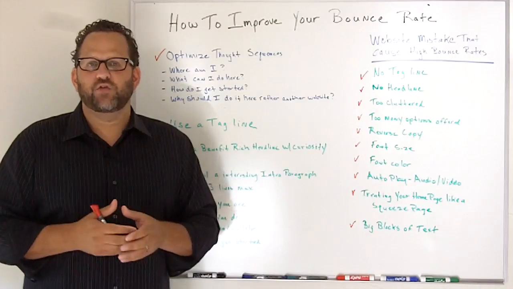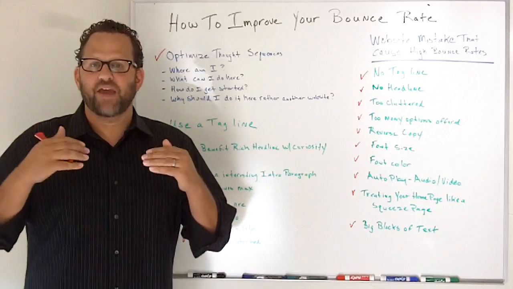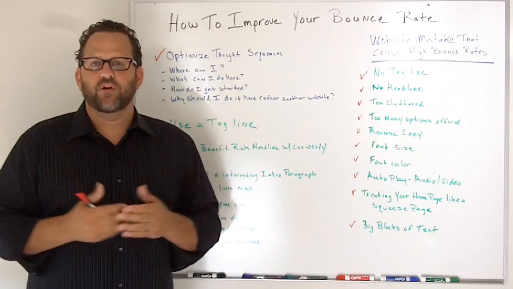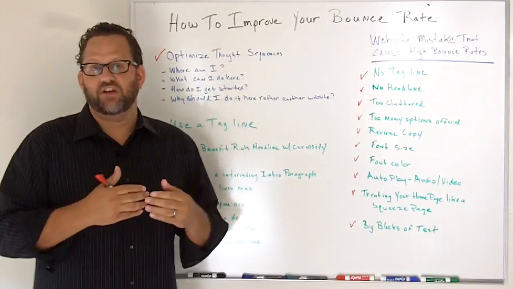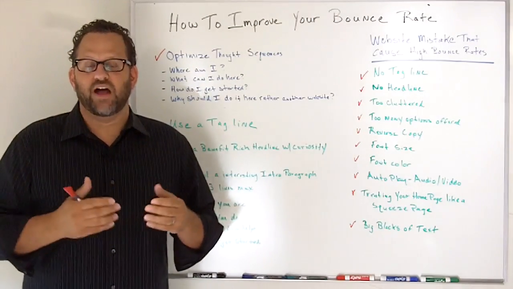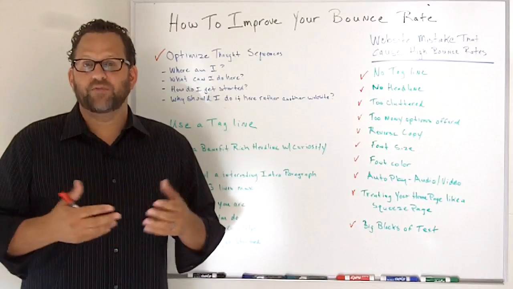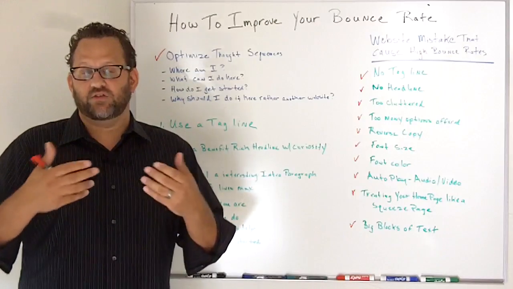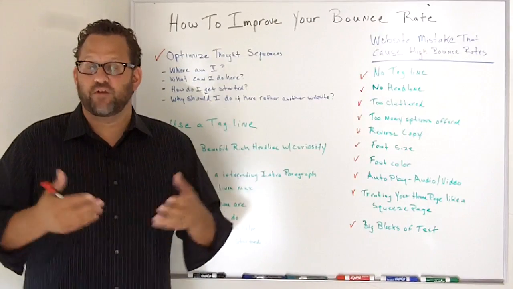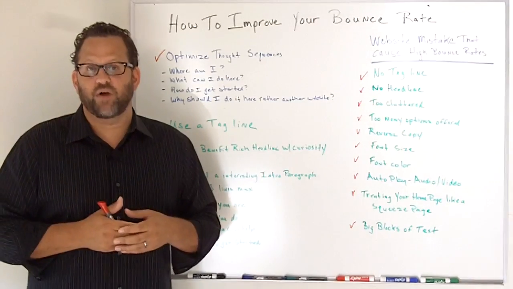So before we get into today's episode, it's important that you have a baseline established for your bounce rate so you can measure how these strategies are bringing your bounce rate down. In order to do that, you need some sort of website analytics installed on your site, and I've been recommending Google Analytics, which is a free website analytics tool that's easy to install on your website.